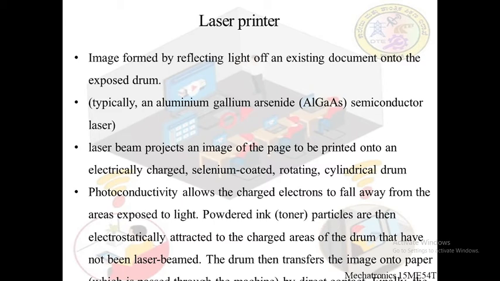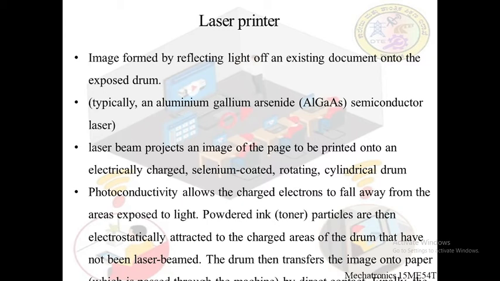The laser beam projects the image of the page to be printed on an electrically charged selenium coated rotating drum. It is simply called the drum. It is a photoconductor, made out of vinyl carbazole.